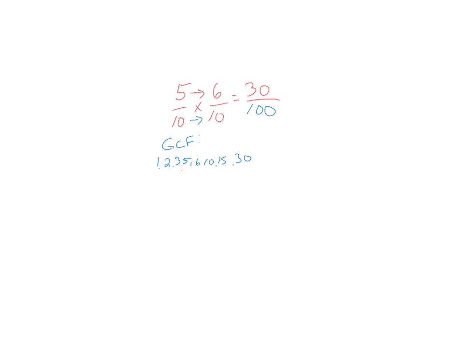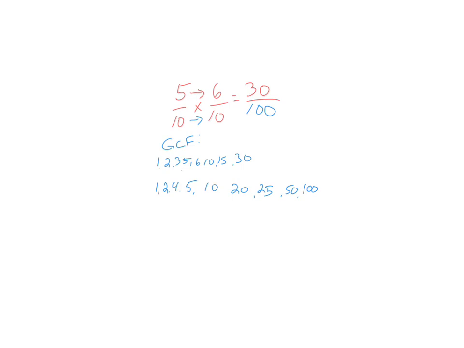Okay, and now let's look at factors of 100. So we have 1 and 100. We have 2 and 50. Nothing times 3. We have 4 times 25, 5 times 20. And we have 10 times 10.